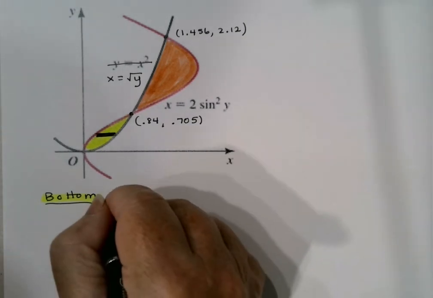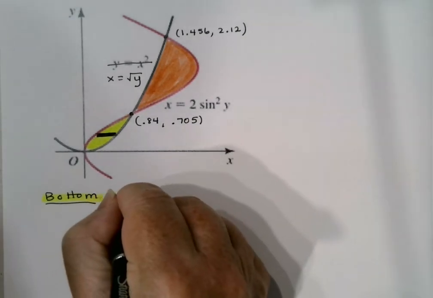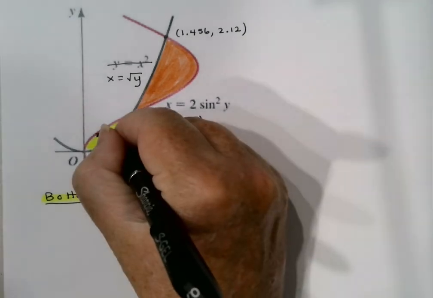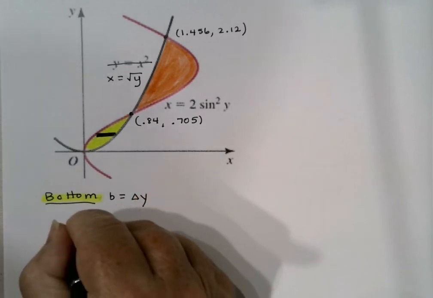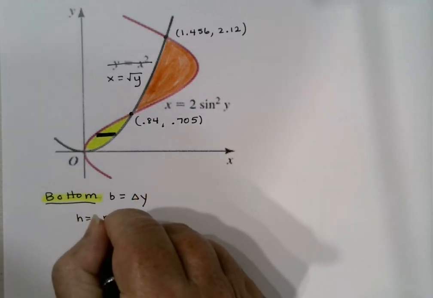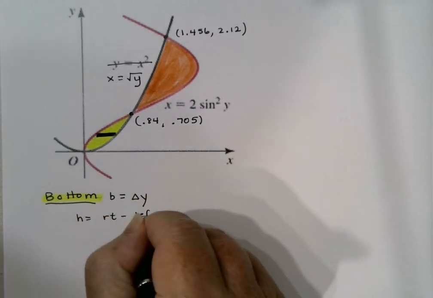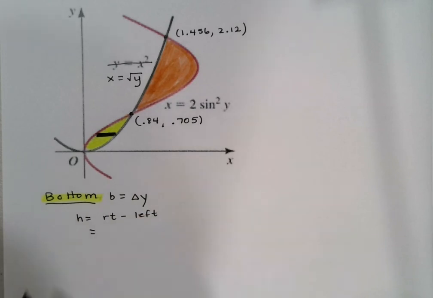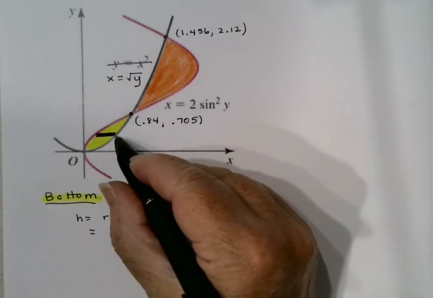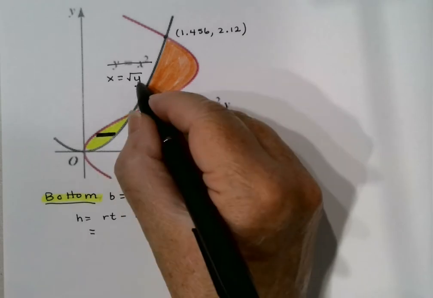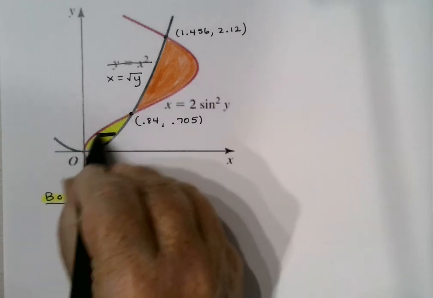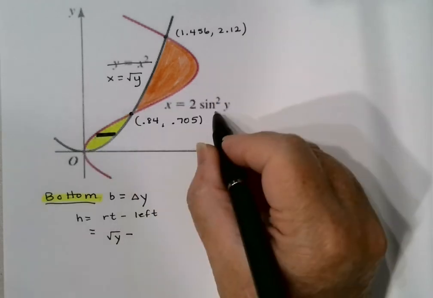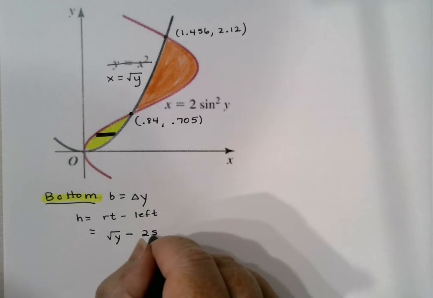My base is going to be the little piece in the y direction, so that would be a delta y. Height is right minus left. Right is on the black piece, the parabola, so x would be the square root of y, minus the left on the red curve, that's the 2 sine squared y.